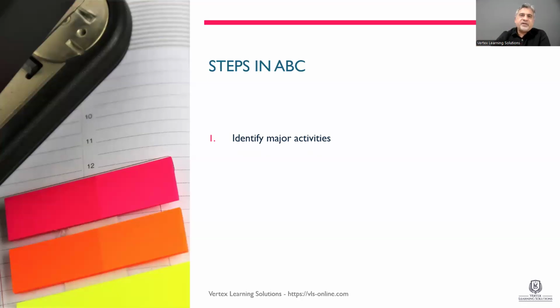For example, one activity is delivery cost. It's an overhead. Then you group overheads into cost pools, because it is possible that you have many different costs which are related to each other.